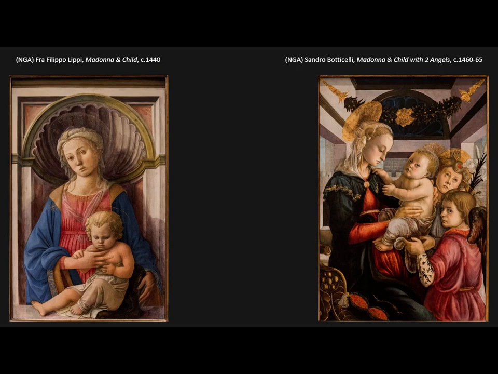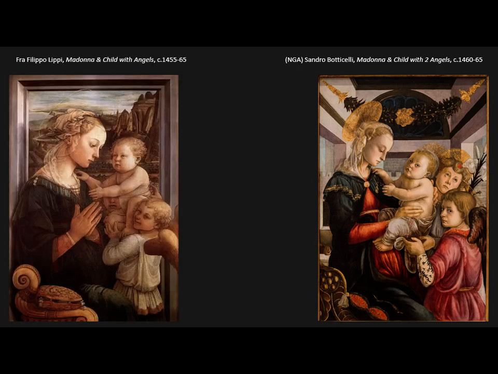Botticelli was a pupil of Fra Filippo Lippi, and in fact, his image is based quite closely on an earlier image by Fra Filippo Lippi that he simply adapts from.